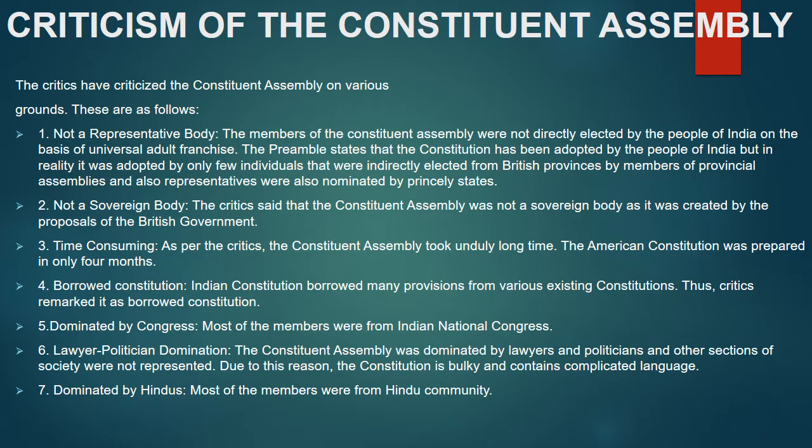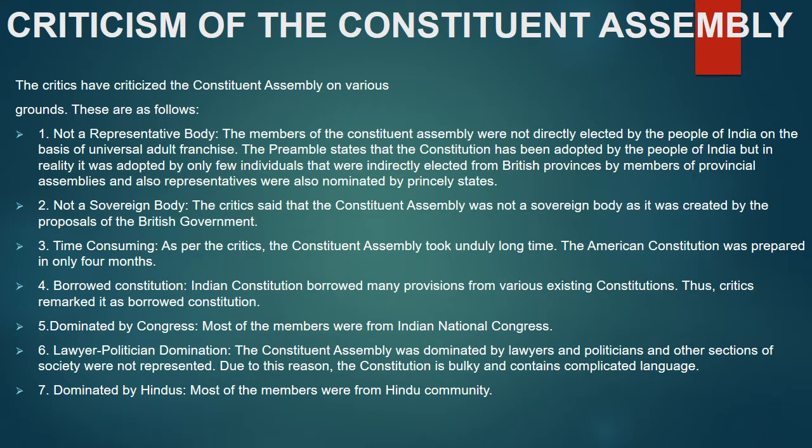Borrowed constitution, that is, the Indian Constitution borrowed many provisions from various existing constitutions. Thus, critics remarked it as a borrowed constitution. Dominated by Congress, as most of the members of that Constituent Assembly were from the Indian National Congress, so they criticized it as a body dominated by Congress. Lawyer-politician domination: most of the members of that Constituent Assembly were lawyers or politicians.